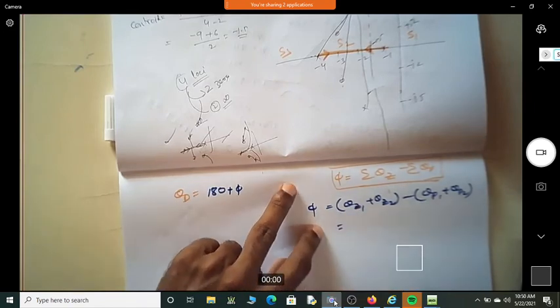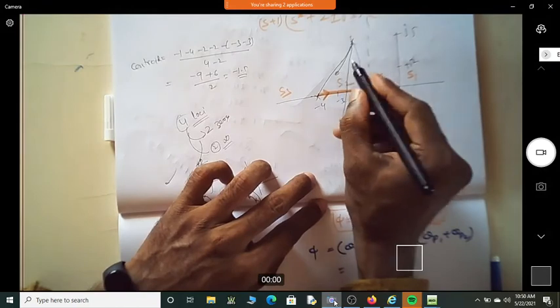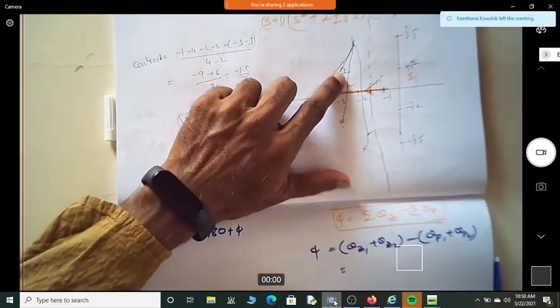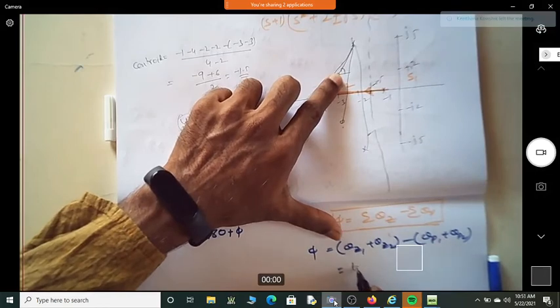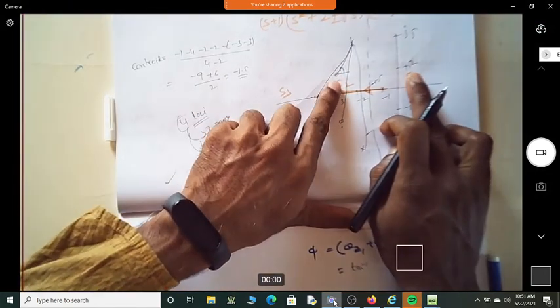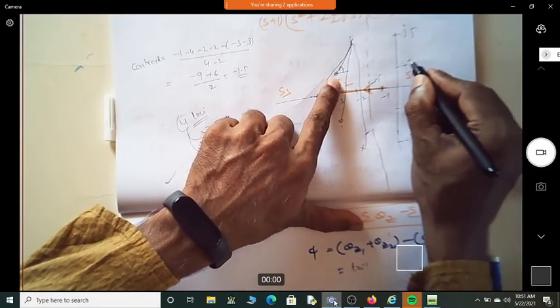Okay, what is theta z1? It's actually this. Theta z1, shall I write it as tan inverse of, this is how much? This is j2, that is 5.